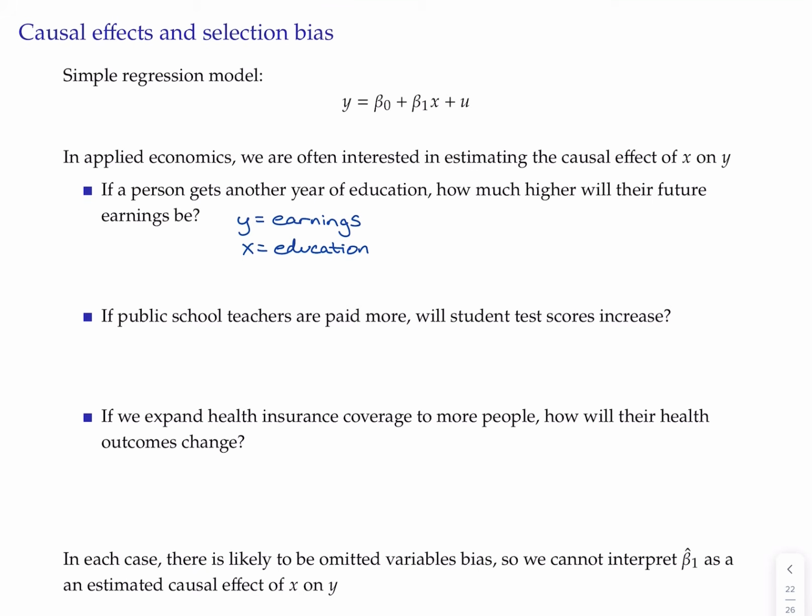The unobservables here, remember, are capturing everything other than the x variable that influences the value of y for that person. This is really important in this case.